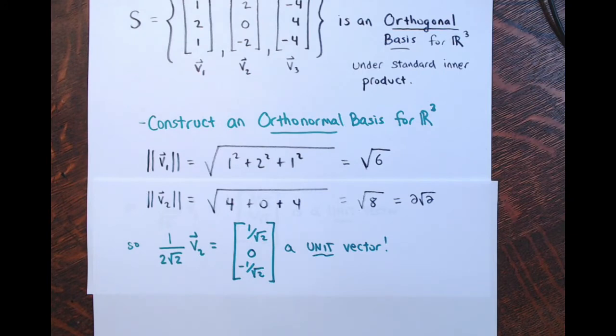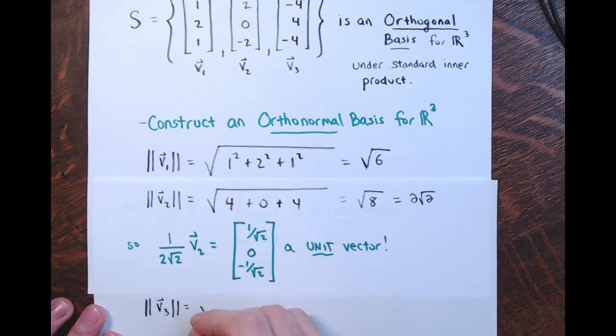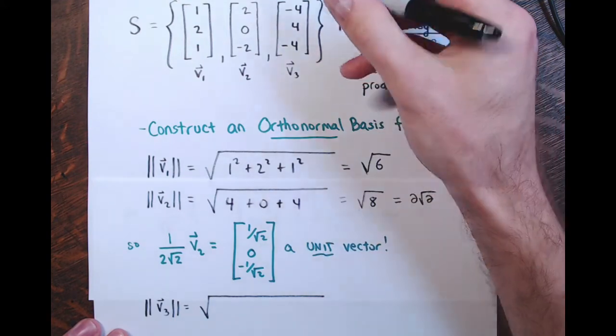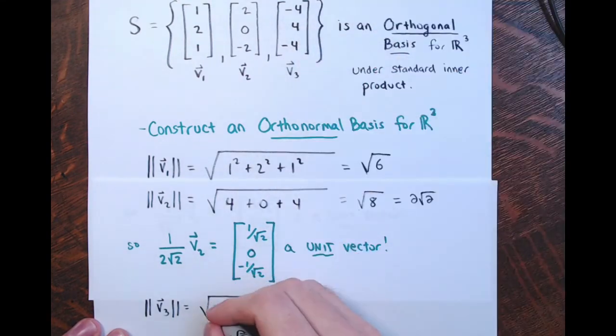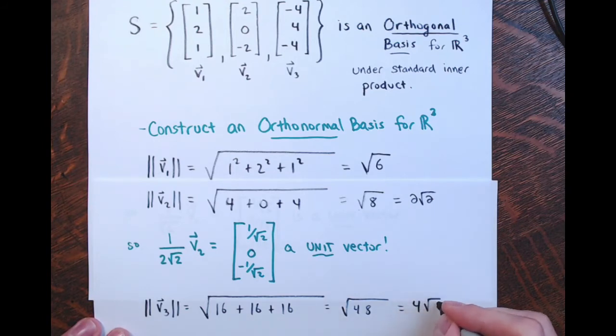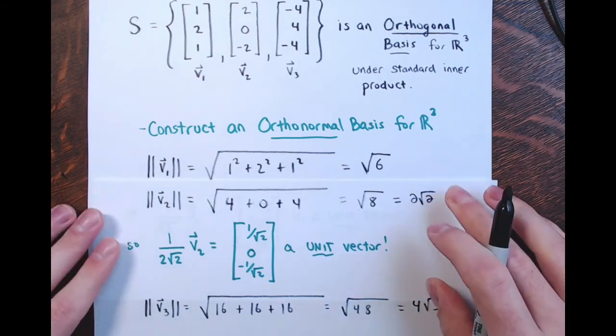Right, I just normalized v2. And finally, take the norm of v3. So again, it's the square root of the inner product of that vector with itself, which is the dot product again. So that's the square root of 16 plus 16 plus 16, negative 4 squared plus 4 squared plus negative 4 squared. It's the square root of 48, which is 16 times 3, so this is 4 root 3.